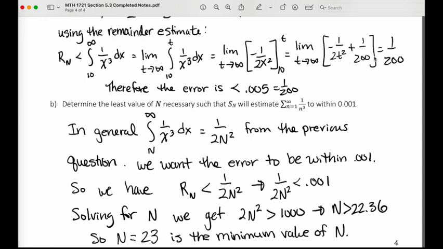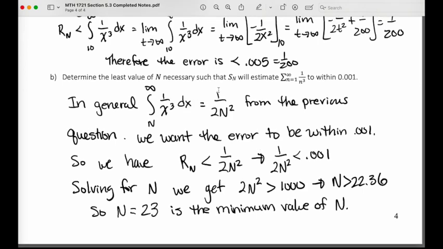So that's where this is coming from, because we plugged in 10. But if I just use the generic letter n and put it in here, we would have gotten 1 over 2n squared.